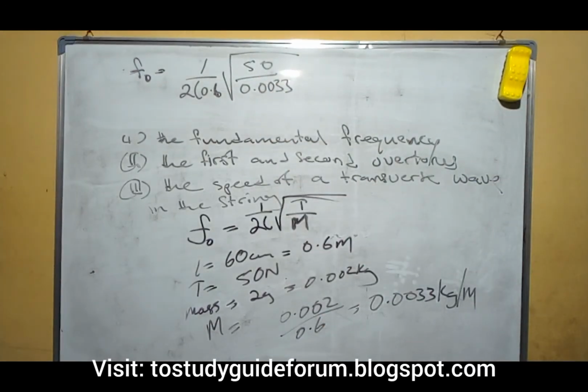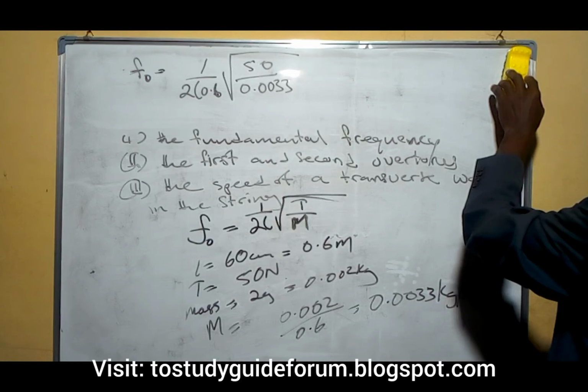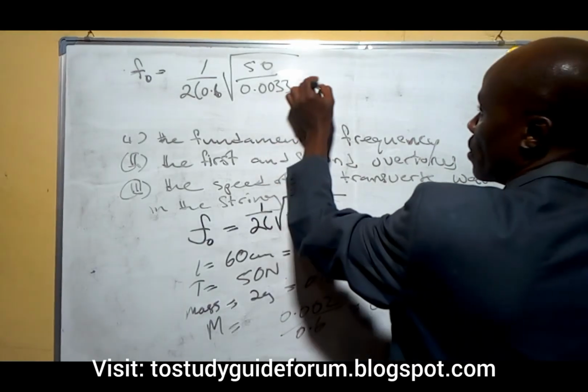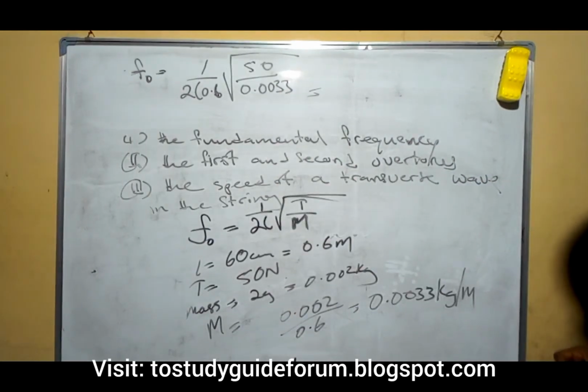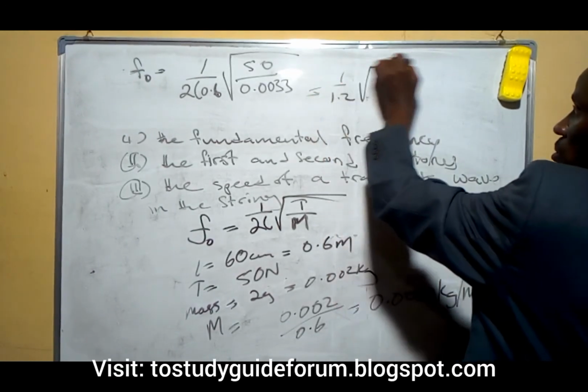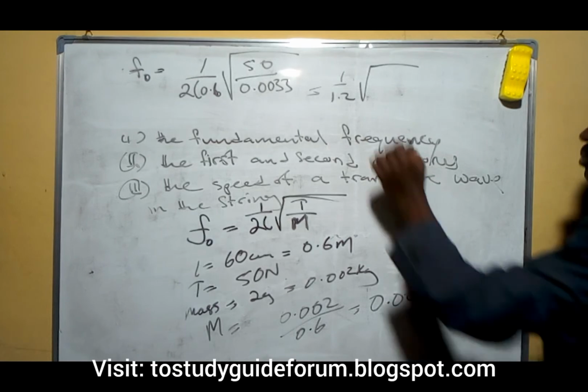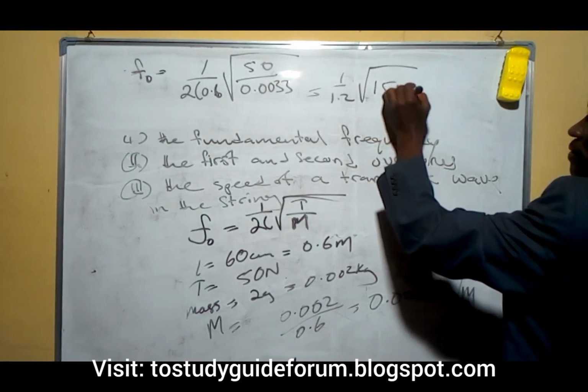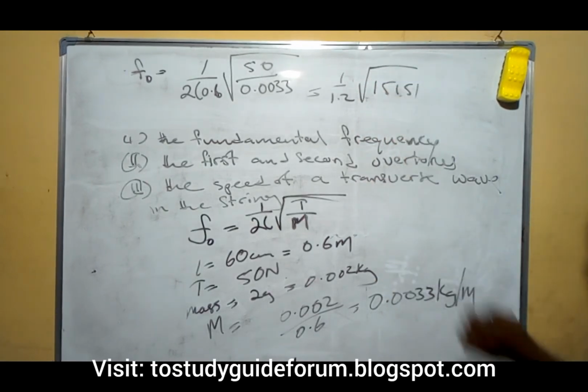So that will give us 1 over 1.2 times the square root of 15151.5.